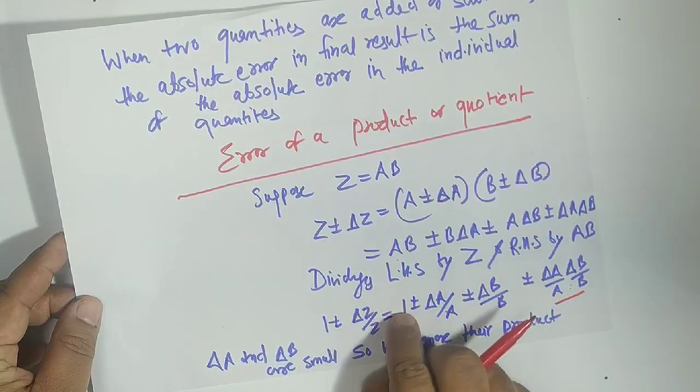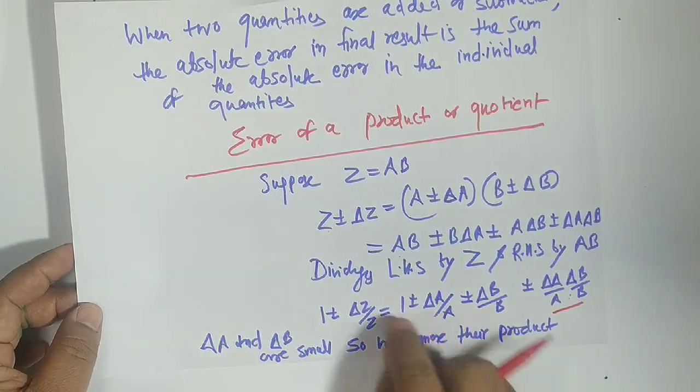See here, this is neglected, 1 will cancel out with 1 and this will remain. This is the possible error.